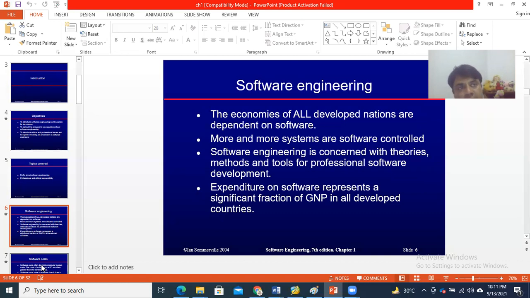So software engineering is understanding the theories of the domain. For example, I want to store a whole number starting from 0 to 10.